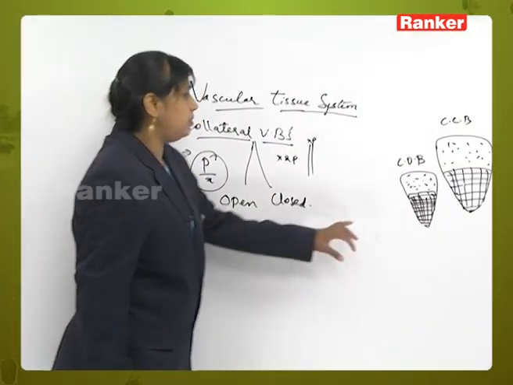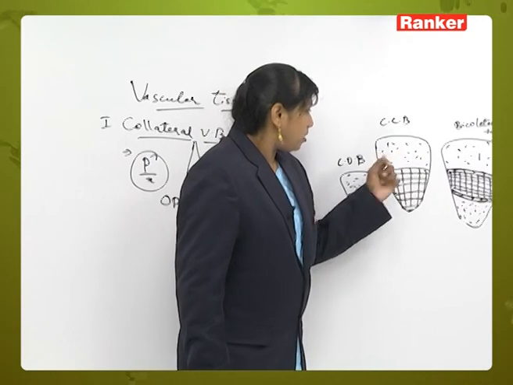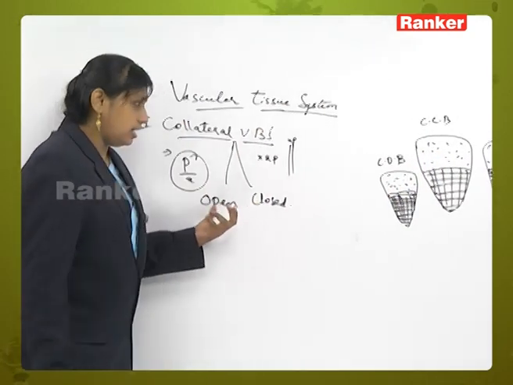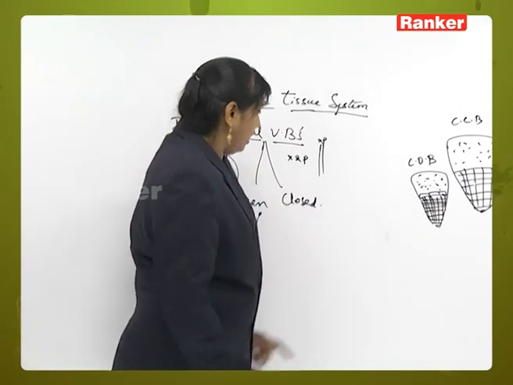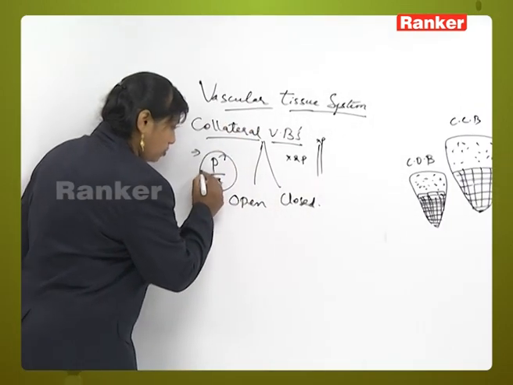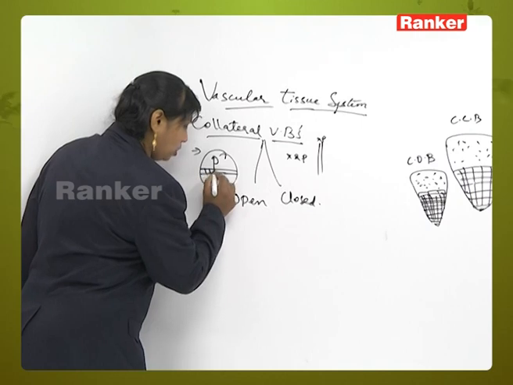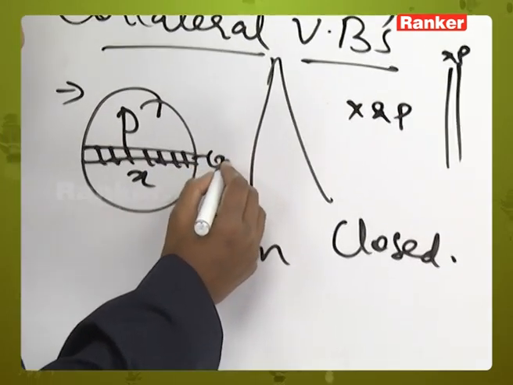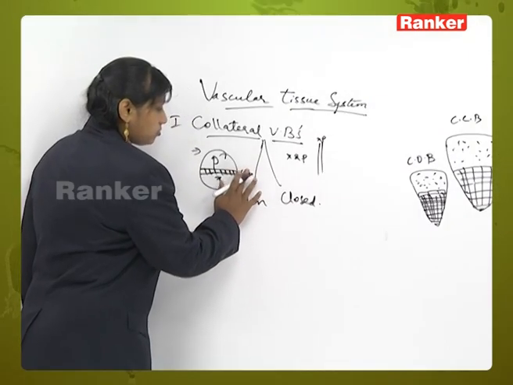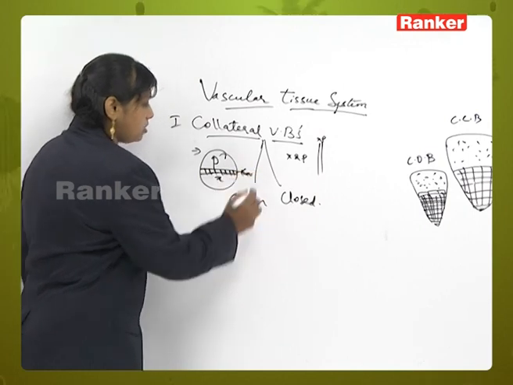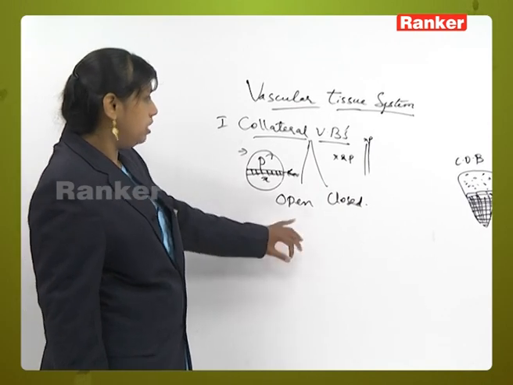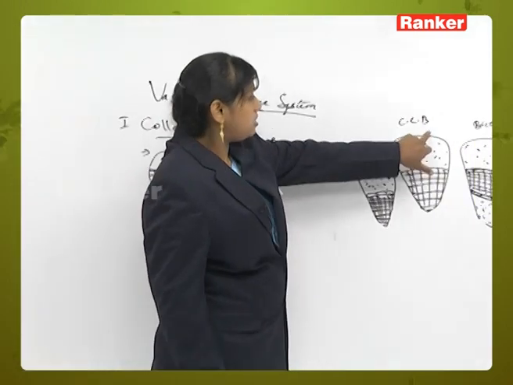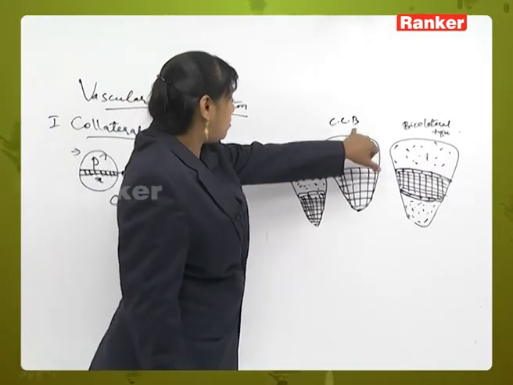See here in the diagram what is collateral open and what is collateral closed. We say it is open or closed depending on whether, in between xylem and phloem, you see the presence of cambium tissue. If you see cambium tissue, then that is called an open collateral vascular bundle. So here CCB is collateral closed vascular bundle.